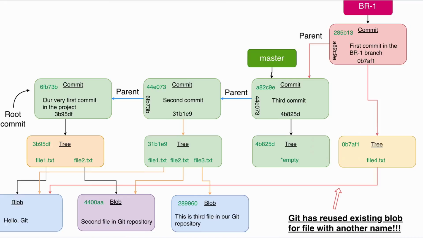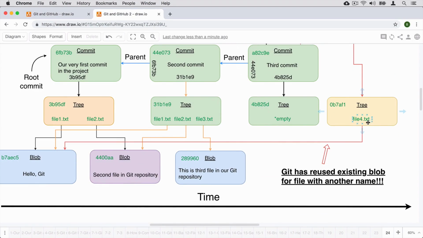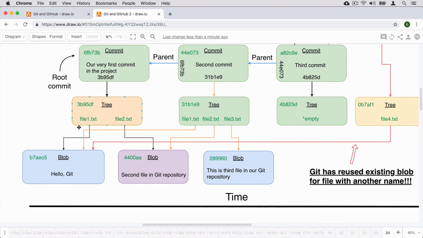This tree object points only to one file, file4.txt. And the contents of this file are the same as the contents of file1.txt, this one. That's why Git has simply reused the existing blob, even if the file name is different. That's because file names are stored in the trees, and there is no need to create new blobs with the same contents.